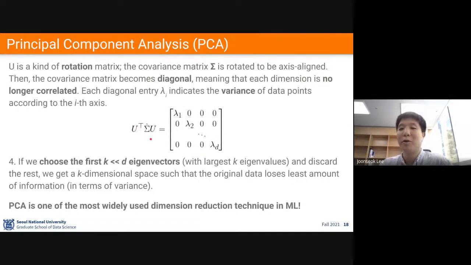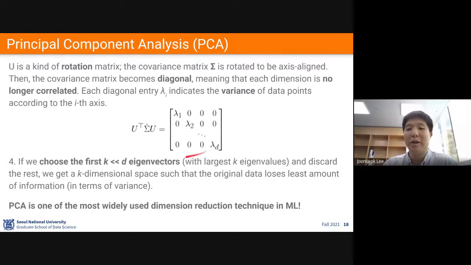Given the covariance matrix from our data, we try to rotate it to make the result as diagonal as possible, so all the other correlations become 0, and for each of those axes, we have the variance represented here as lambda, sorted by magnitude. So lambda 1 is the largest, lambda 2 is the second largest, and so on.